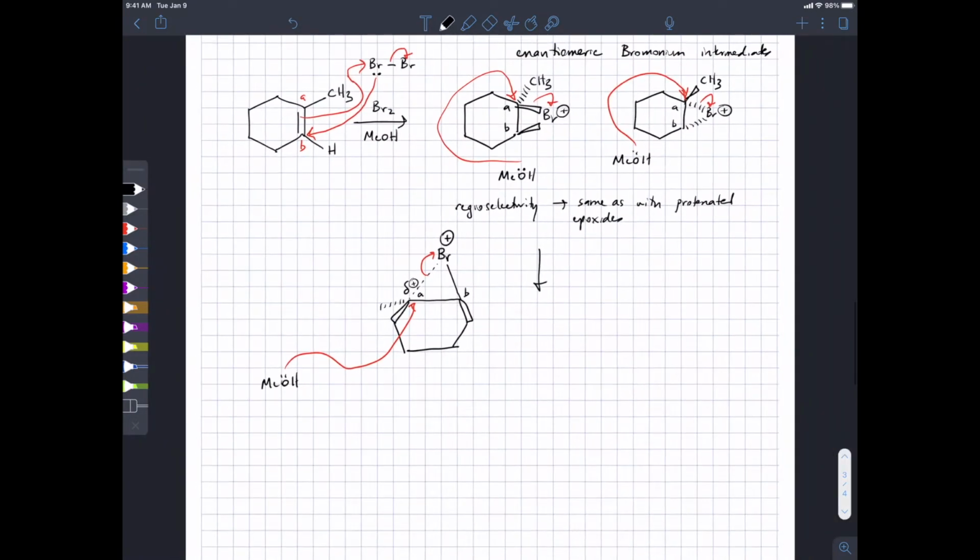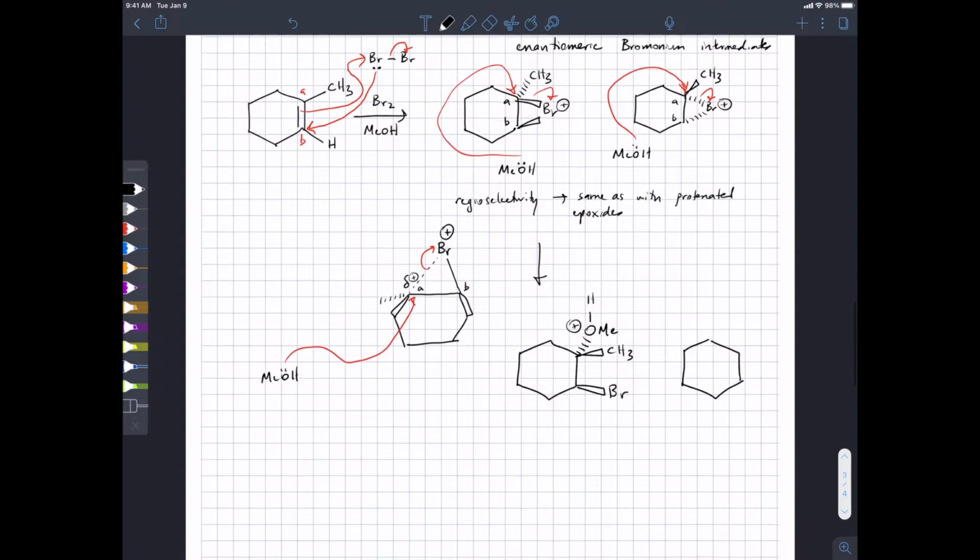In the products that we get then, methanol should be on the opposite side of the molecule as the Br, and I'm drawing both enantiomers that we would get from intercepting both of those enantiomer intermediates.